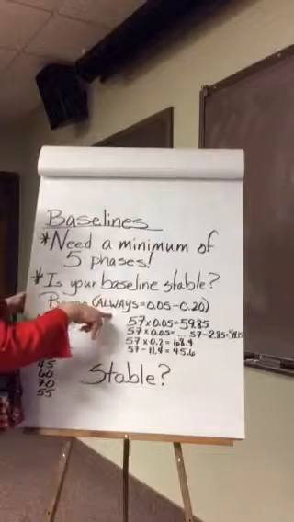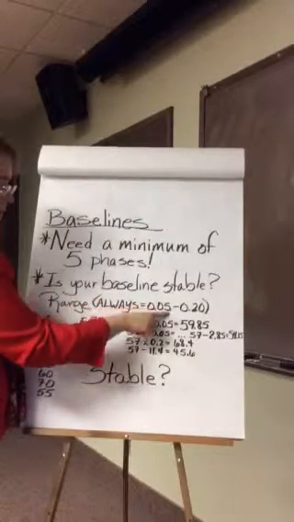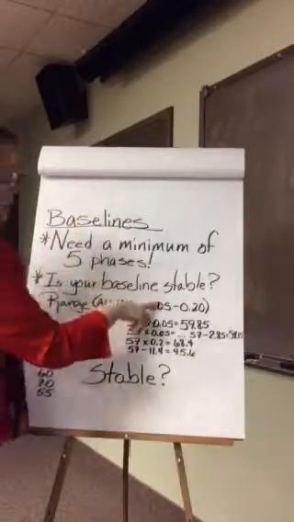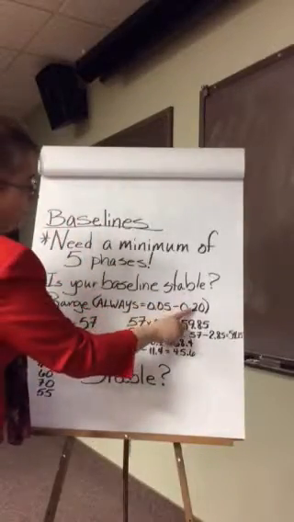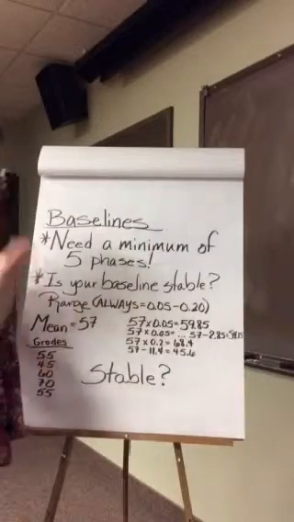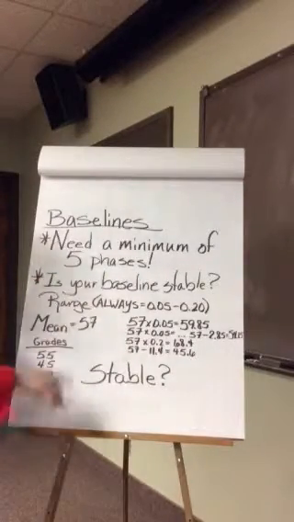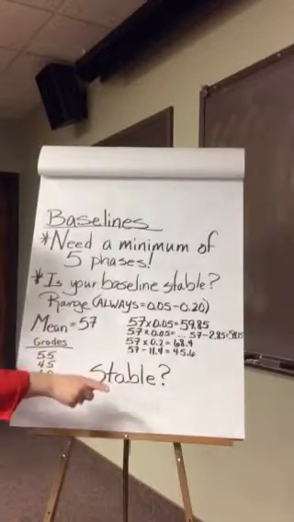The range is always 0.05 through 0.2. Easy. Okay, so what you do, we already know the mean is 57.